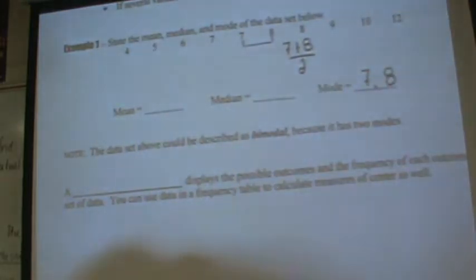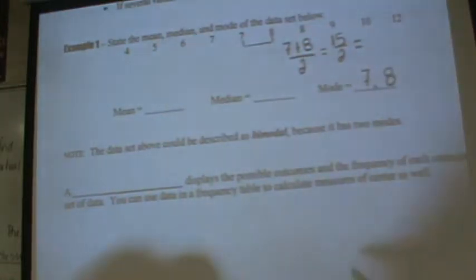So we're going to have 7 plus 8, and we're going to divide by 2. So we're going to get 15 over 2, and that equals what? 7.5. So our median for our set is 7.5.